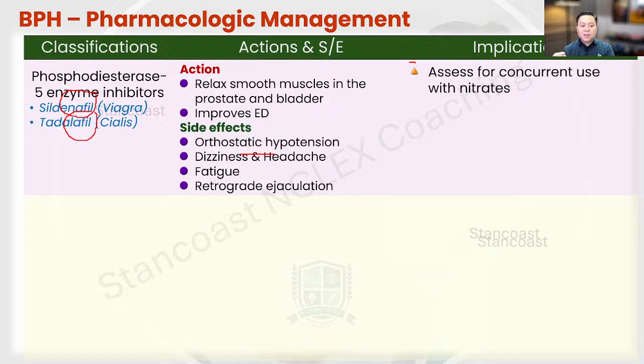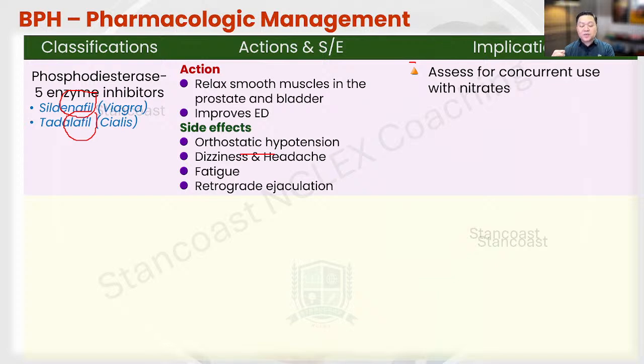Those are medications that can cause vasodilation, which can also cause a drop in the blood pressure. So if they're going to use this medication along with the nitrate, they're probably going to die in the middle of sexual intercourse because of the drop in the blood pressure. They're going to end up with an MI because of the lack of blood supply.